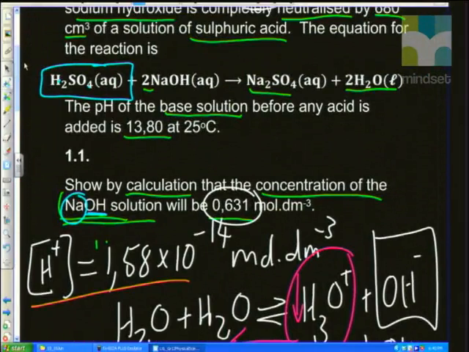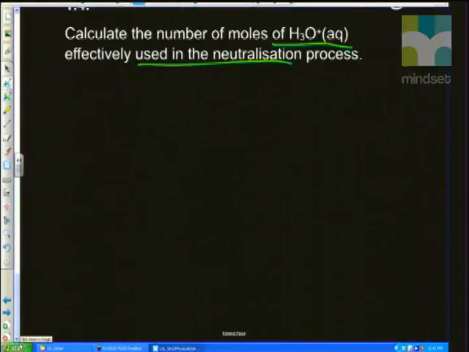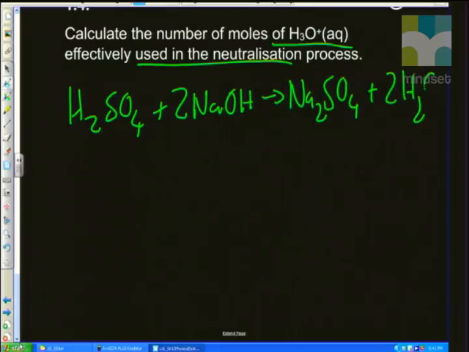We're going to work with H2SO4 plus 2NaOH, giving us sodium sulfate plus water. So I'm going to write that equation down, and let's see if we can work with it. We're going to start with H2SO4 plus 2NaOH gives us Na2SO4 plus 2H2O.